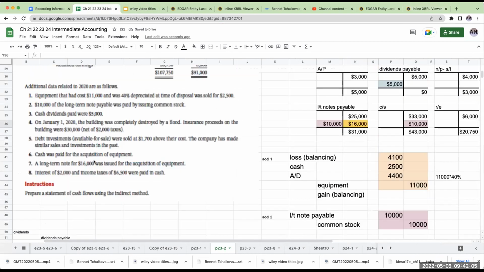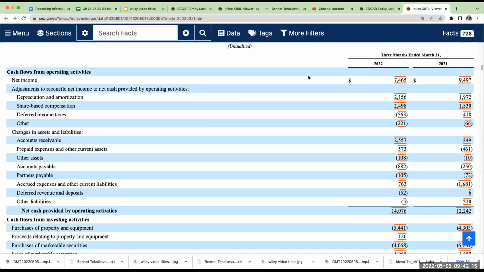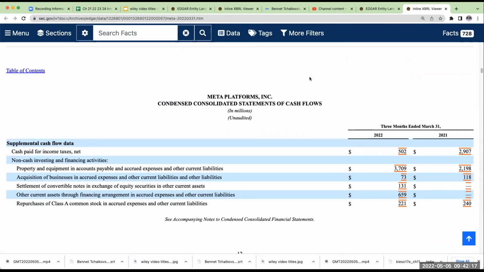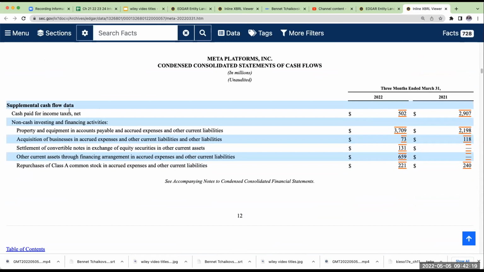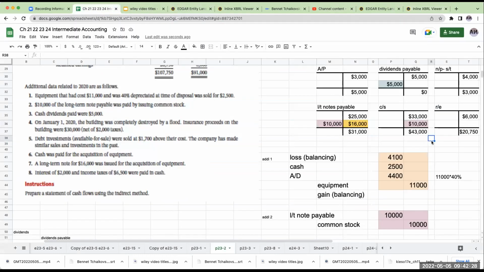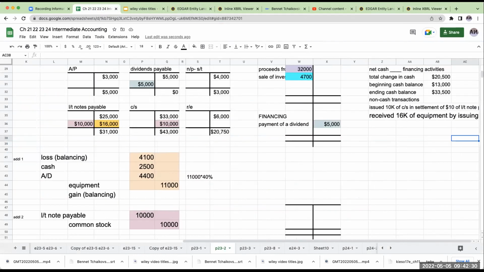Okay, that's additional information number 7. And then additional number 8 is over here. Interest of $2,000 and income taxes of $6,500 were paid in cash. This is something I typically don't put in the statement itself, so what we're going to do is say over here, additional disclosures.